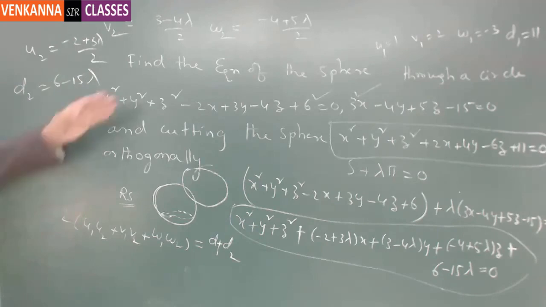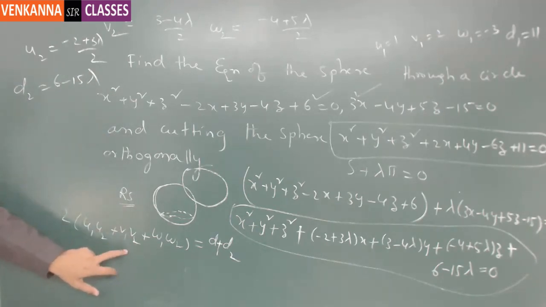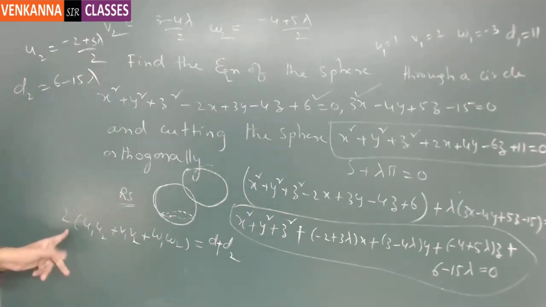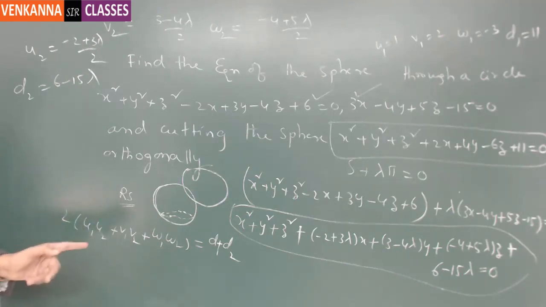If you substitute the values in this one, since all the denominators contain 2, they get cancelled. Substituting here, you will get the value of λ as minus 1 by 5.